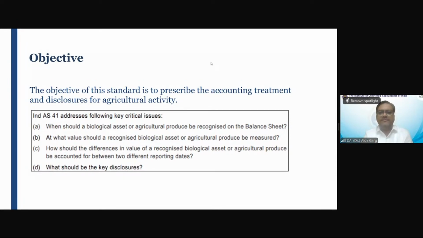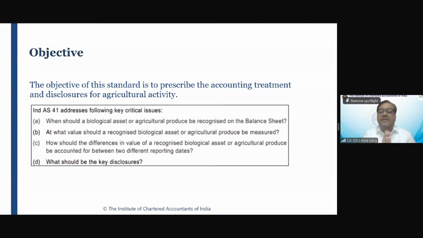Yes. Talking about the objective of the standard, the objective of this standard is to prescribe the accounting treatment and disclosure for agricultural activity, right? So this standard talks about the recognition, measurement, presentation, and disclosure for agricultural activity.